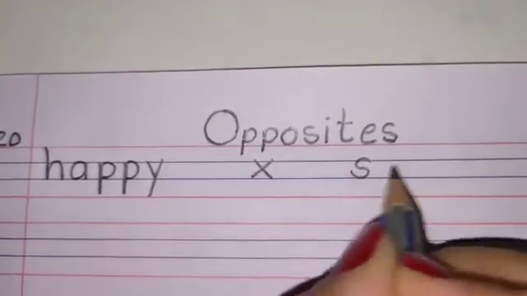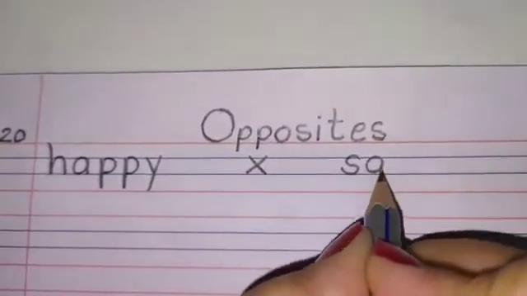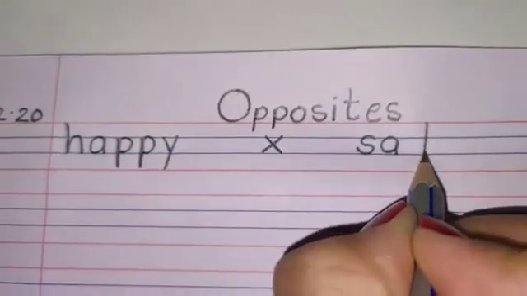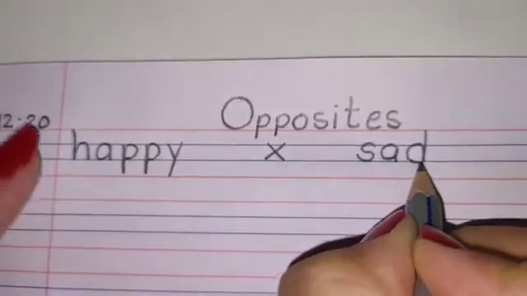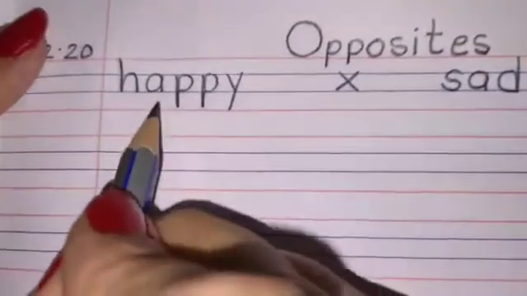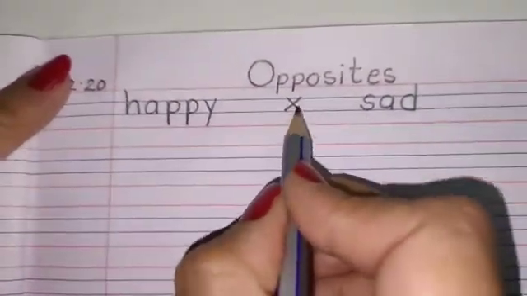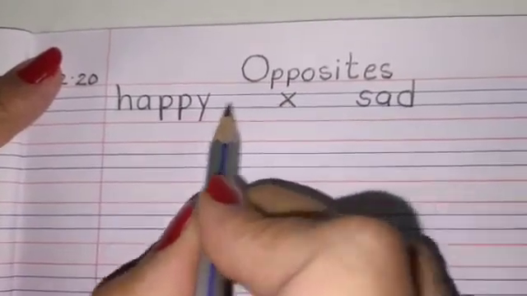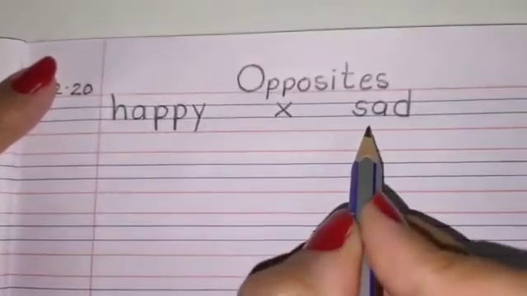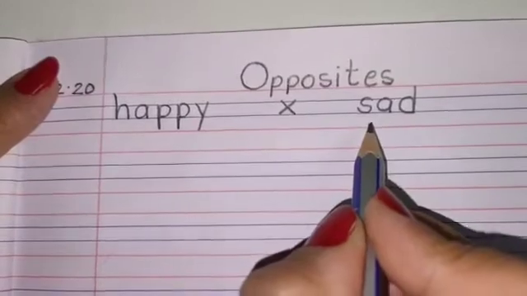S, A, D. Sad. Happy, sad. When we write opposites, we make a cross because the pair of words have got different meanings.